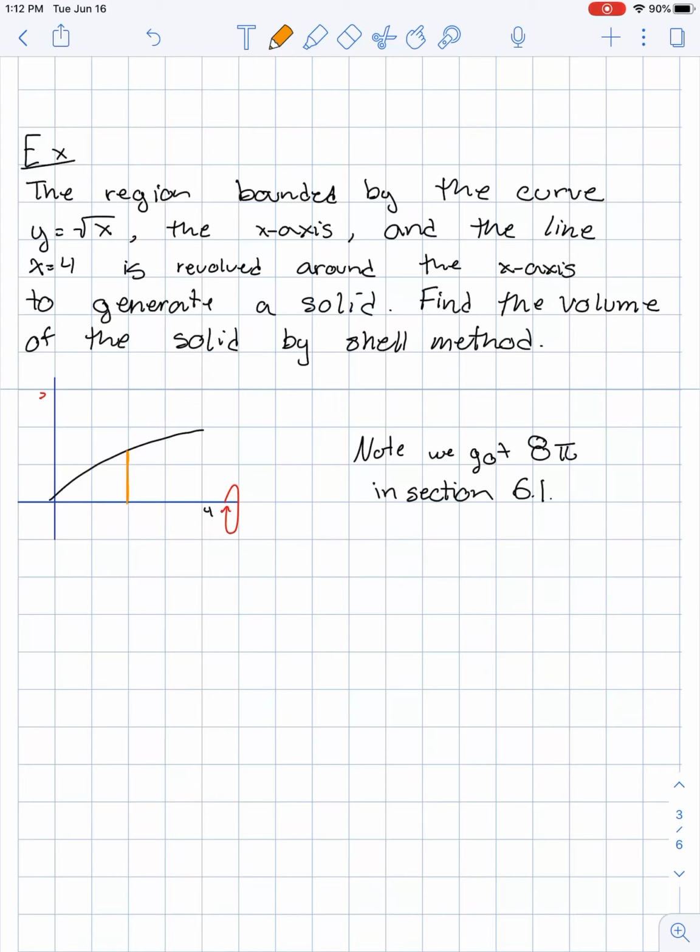And my height is in red, and that's going to be the distance from the curve to x equals 4, because we are also bounded by that line, which I forgot to draw. Okie dokie.